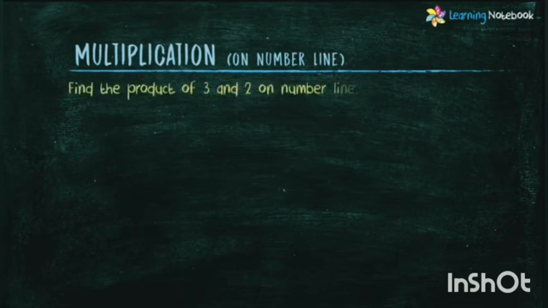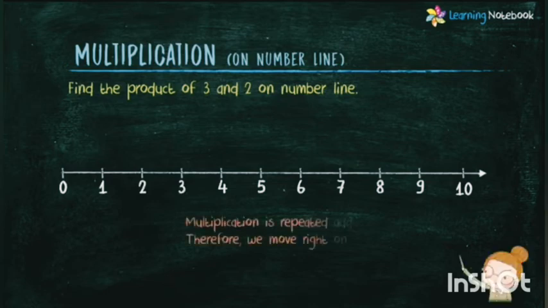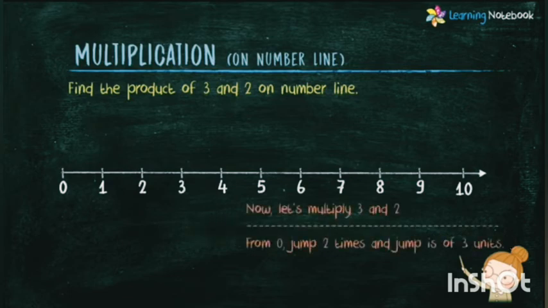Next we learn multiplication on the number line. Example: find the product of 3 and 2 on the number line. Students, we know multiplication is repeated addition, and for addition we move right on the number line. Therefore, for multiplication also we will move right. Let's multiply 3 and 2.